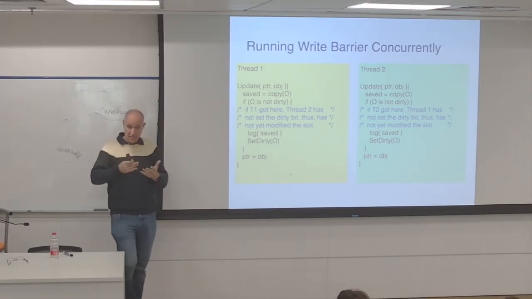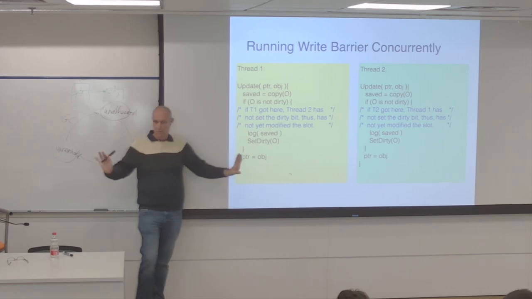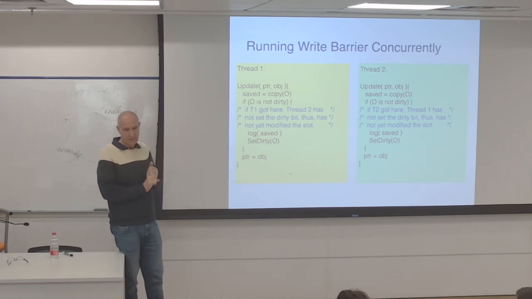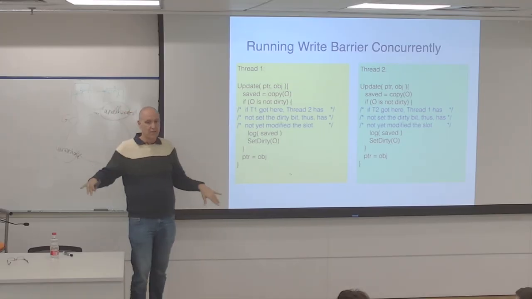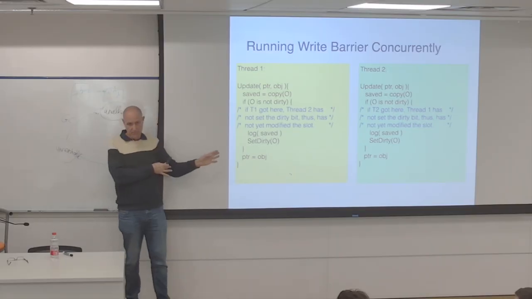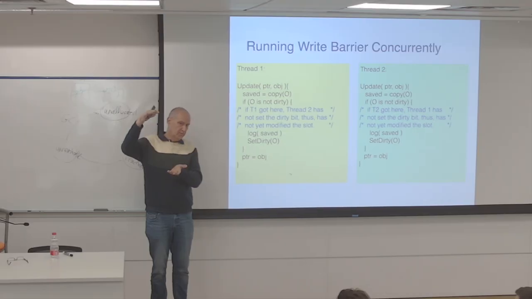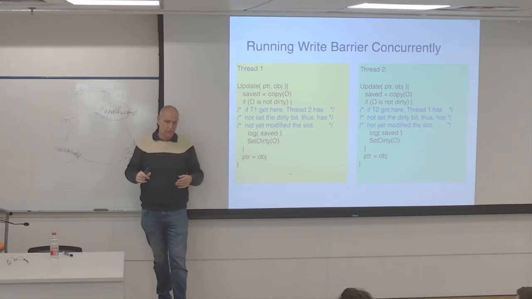If we have several logs, all of them are the same. When I traverse the heap as a collector, later we will talk about it, I need to find one copy of the object, one logging of the object, and then trace by it. I can just ignore the rest.